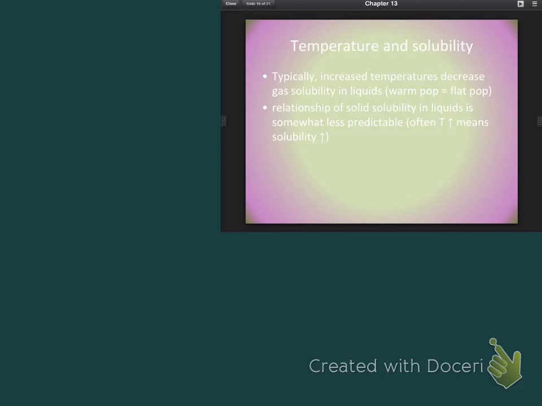Temperature makes a difference in how fast you can dissolve something, and it makes a difference in how much solid you can hold, but it doesn't make a difference in the same way that it does with gas solubility. So it's important in liquid-solid solubility. It's overarching, important, and fundamental in gas solubility.